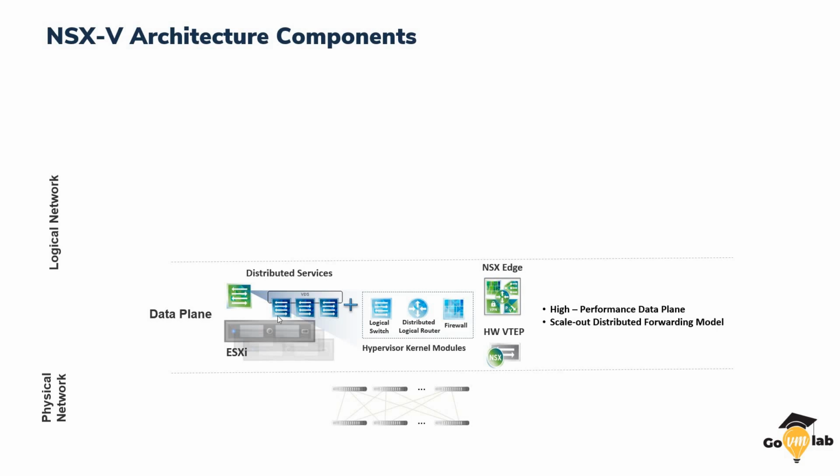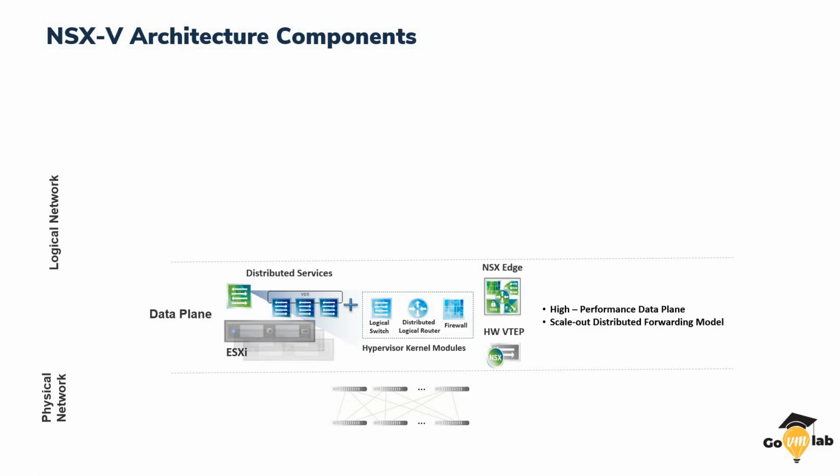Now, when you look at this data plane component, we have a distributed switch which gives us switching capabilities. Then we have various kernel modules for switching, routing, and firewall. Then we have NSX Edge, also known as the perimeter gateway, and then we have a hardware VTEP.